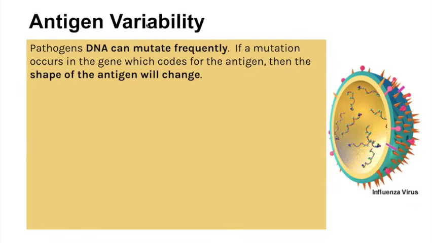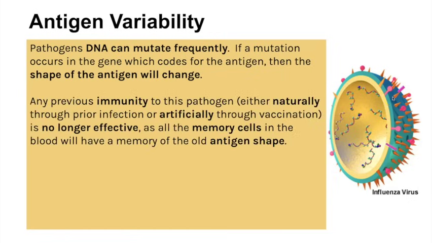Now, antigen variability is this concept that pathogens' DNA can mutate frequently. If a mutation occurs in the gene which codes for the antigen, then that means the shape of the antigen on the outside of the virus, the fungus, the bacteria will change. And if that happens, any previous immunity that you may have had to the pathogen is going to be lost.